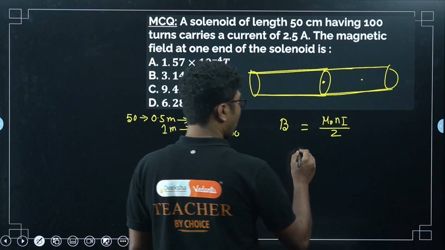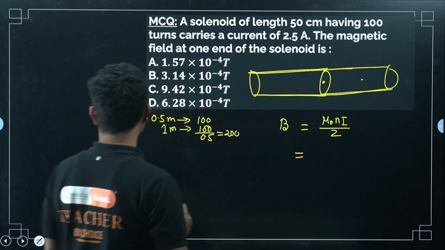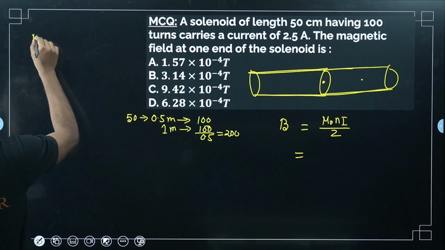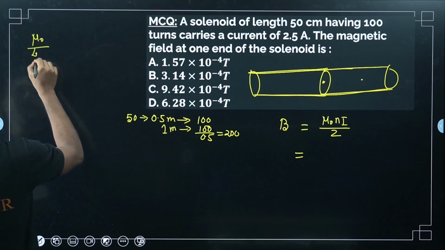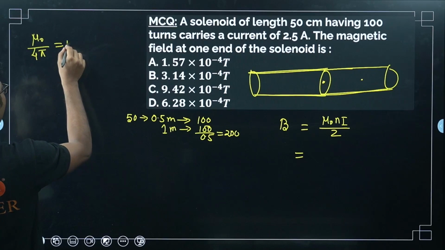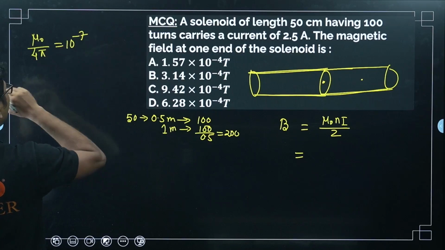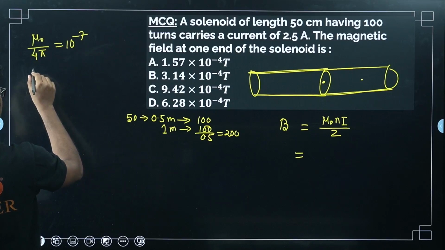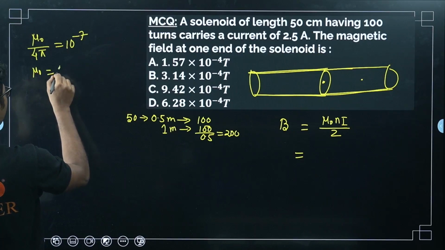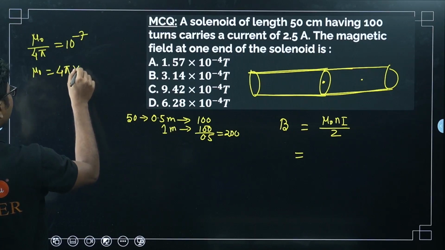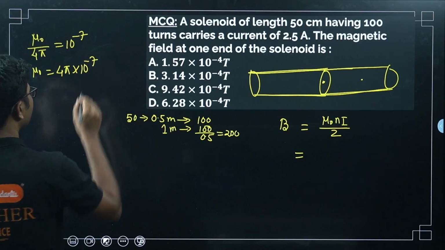Okay. Now what is the value of mu naught? One more important thing, we know that mu naught by 4 pi is basically 10 to the power of minus 7, right? So mu naught should be equal to 4 pi times 10 to the power of minus 7.